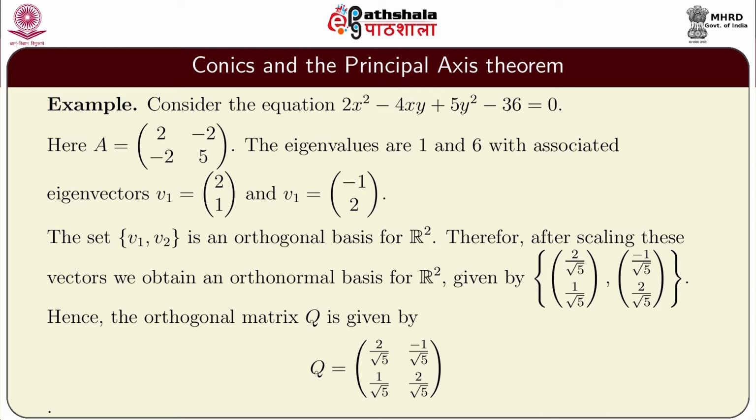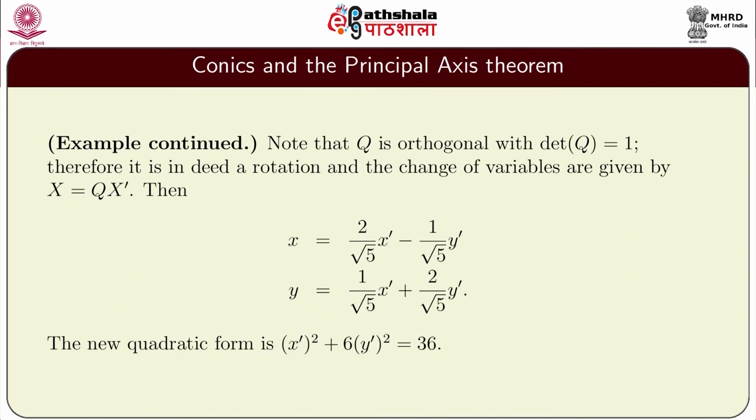And therefore, the orthogonal matrix Q, which is the basis change matrix, is nothing but 2/√5 and -1/√5 in the first row and 1/√5 and 2/√5 in the second row. Note that the matrix Q is orthogonal and determinant of Q is 1.